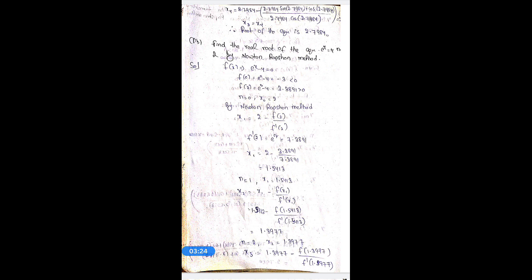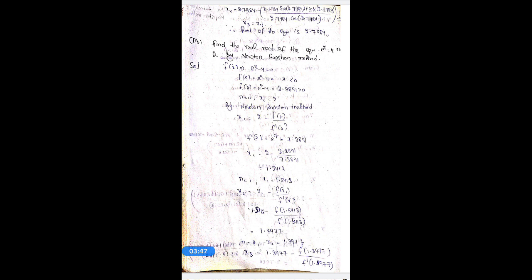Now, the first iterated value x1 = x0 - f(x0)/f'(x0). That is x1 = 2 - f(2)/f'(2).